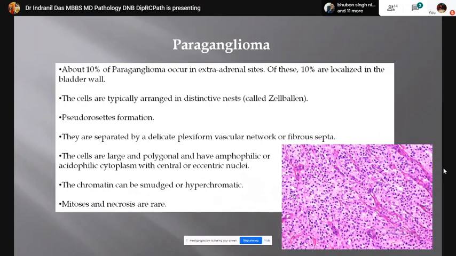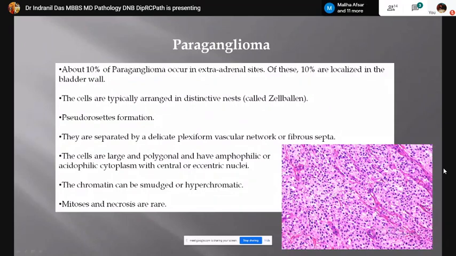Now, paraganglioma. About 10% of paragangliomas occur in the extra-adrenal sites, and of this 10%, some are localized within the urinary bladder. The cells are typically arranged in distinctive nests called zellballen. Pseudorosette formation may be seen. The cells are separated by a delicate plexiform vascular network and or fibroblasts. The cells are large and polygonal, have amphophilic or acidophilic cytoplasm with central or slightly eccentric nucleus.